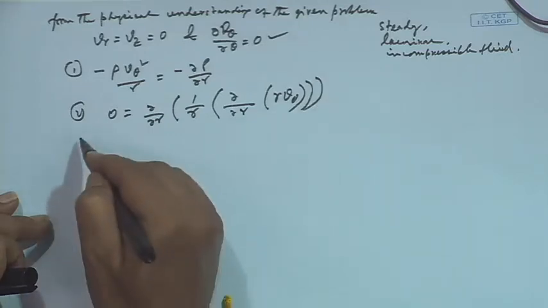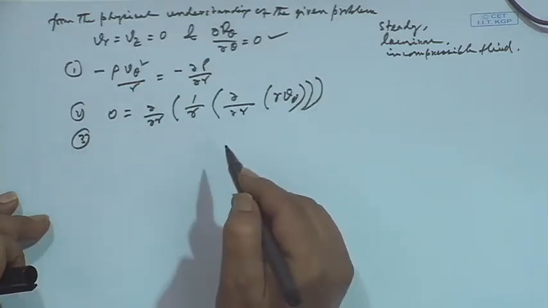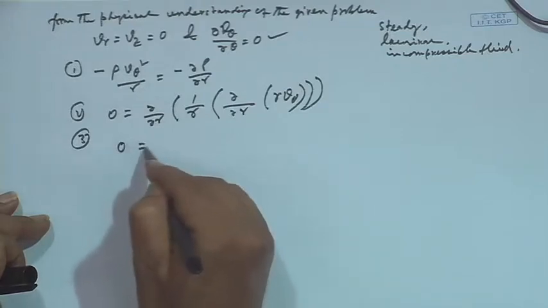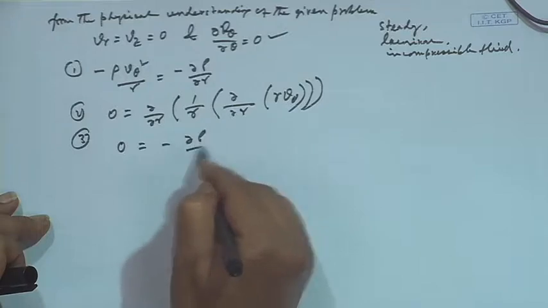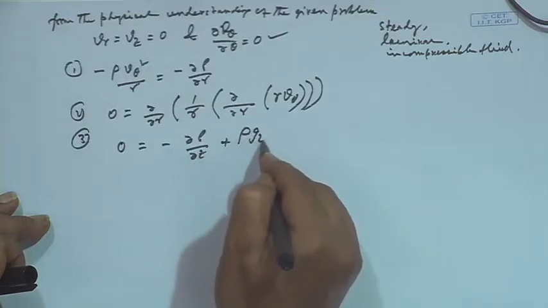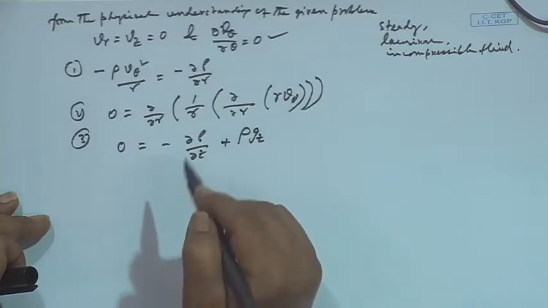And the third one, from the Navier-Stokes equation: 0 is equal to minus del P del z plus rho g z, right.